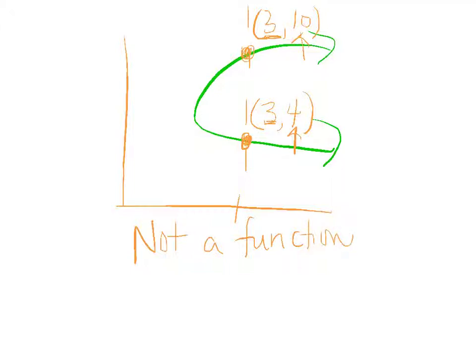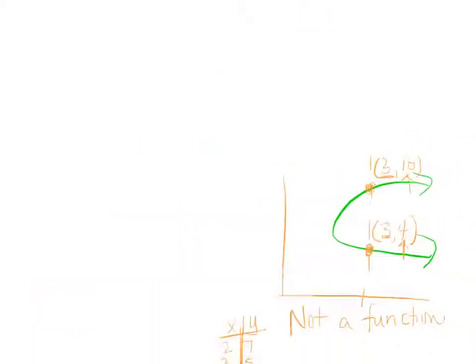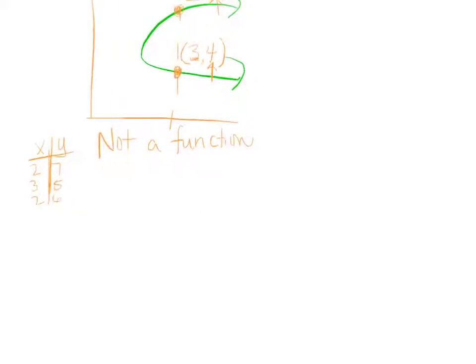For any representation that you're given, you can really think about this picture and see if it meets the definition. So for example, if I had a random table of values and I had 2, 7, 3, 5, 2, 6, and I needed to tell if this is a function, what I could do is just quickly think about a graph of this.